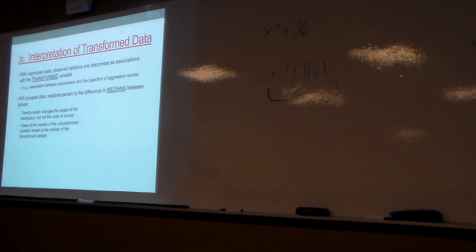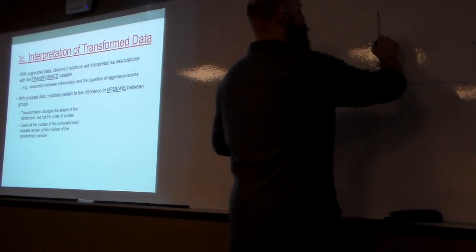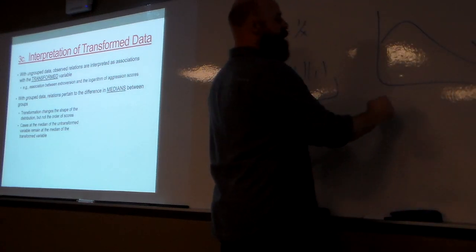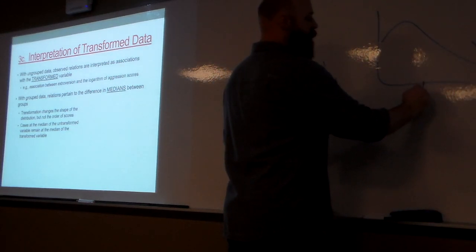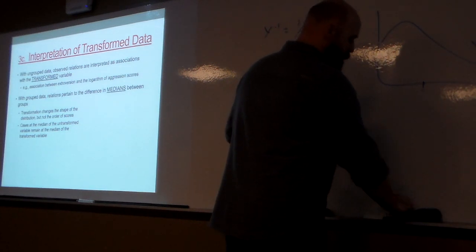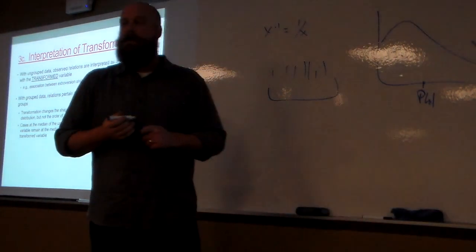Okay? When we go through and we transform our data, transform changes the shape of the distribution but not the order of scores. So my audit score has a nasty distribution, right? It's sort of like this. If this is my median score, remember, and this is Phil. Phil's at the median.